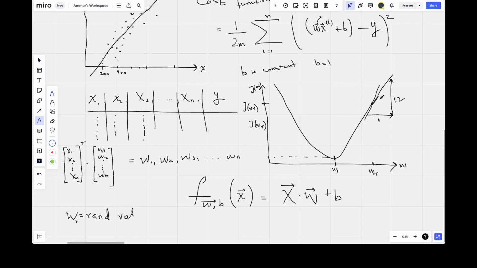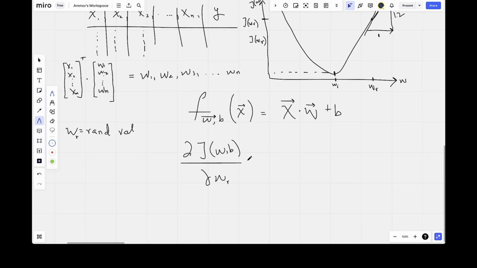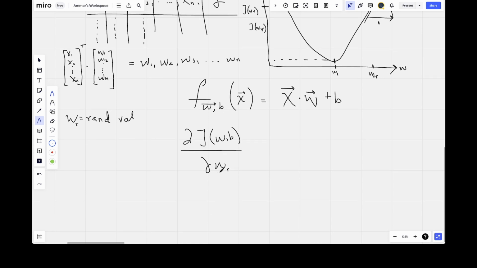So that's the slope. We can write this slope as the partial derivative. I know this is not a derivative per se, this is a partial derivative, but just for the sake of simplicity, this is the derivative of the function j with respect to w, and more specifically, it is evaluated at wr, right?